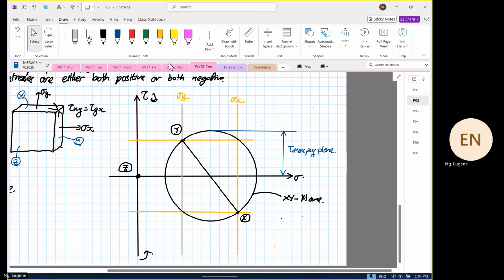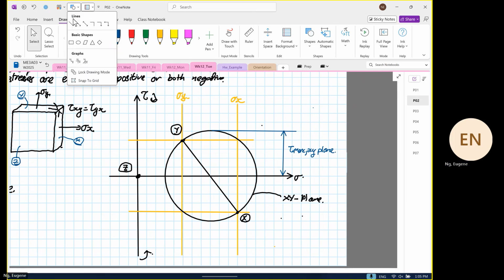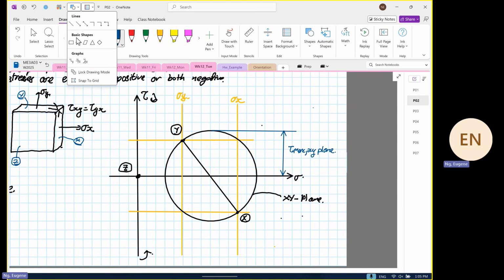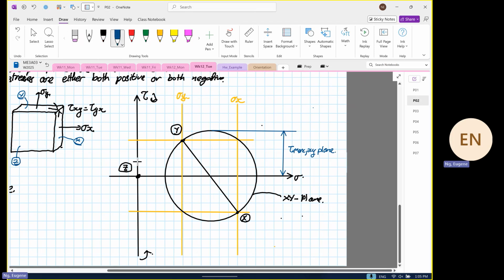Right? We have another one. There is a slightly smaller one. Okay. And the other smaller circle is over here. And we know that this circle over here belongs to your YZ plane.